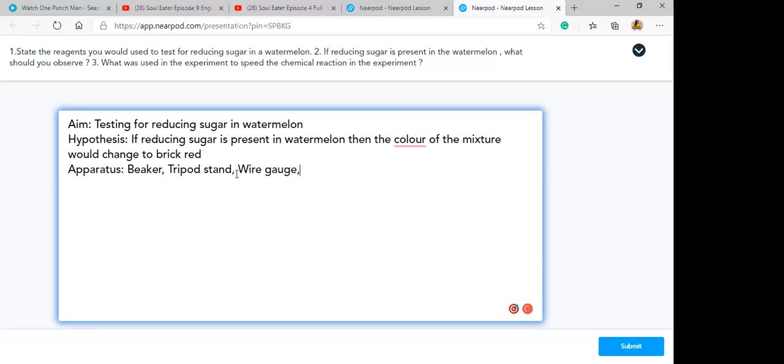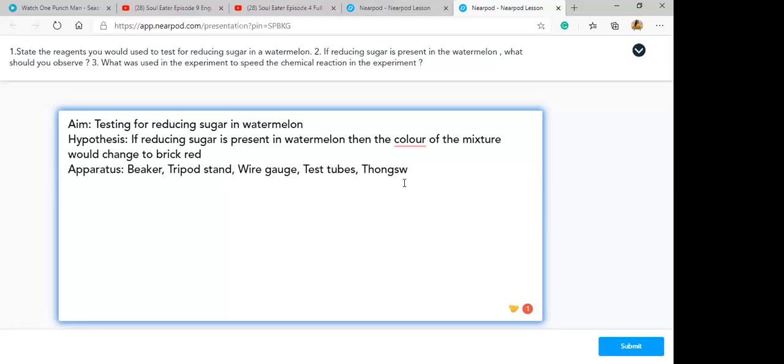And then with the wire gauze, you would have test tubes. After the test tubes, you would have the tongs. The tongs they use to hold the test tube. Oh, okay, sir. I thought it had another name.